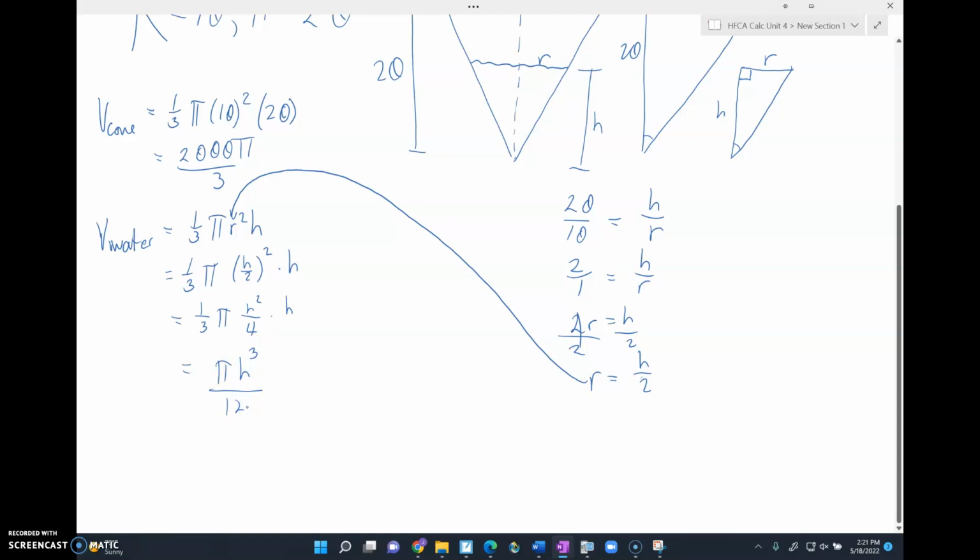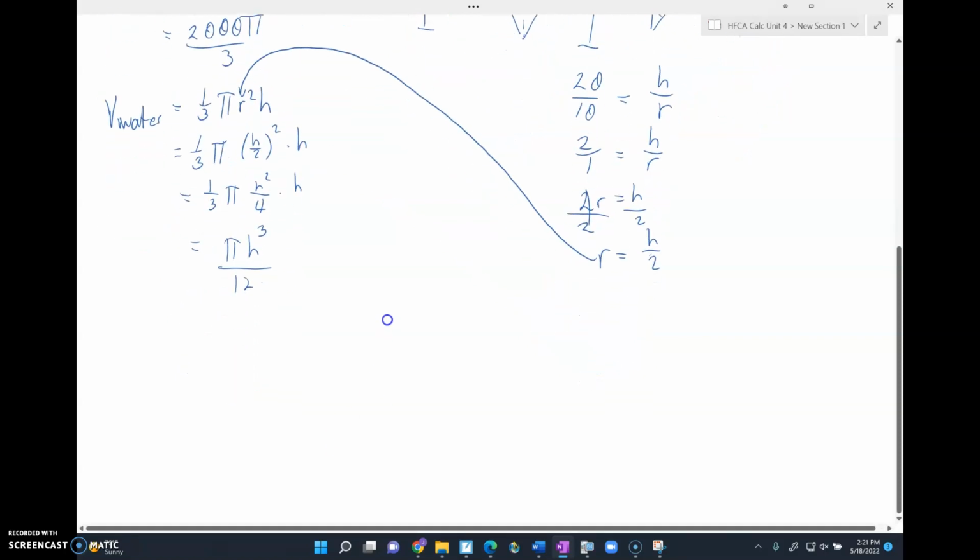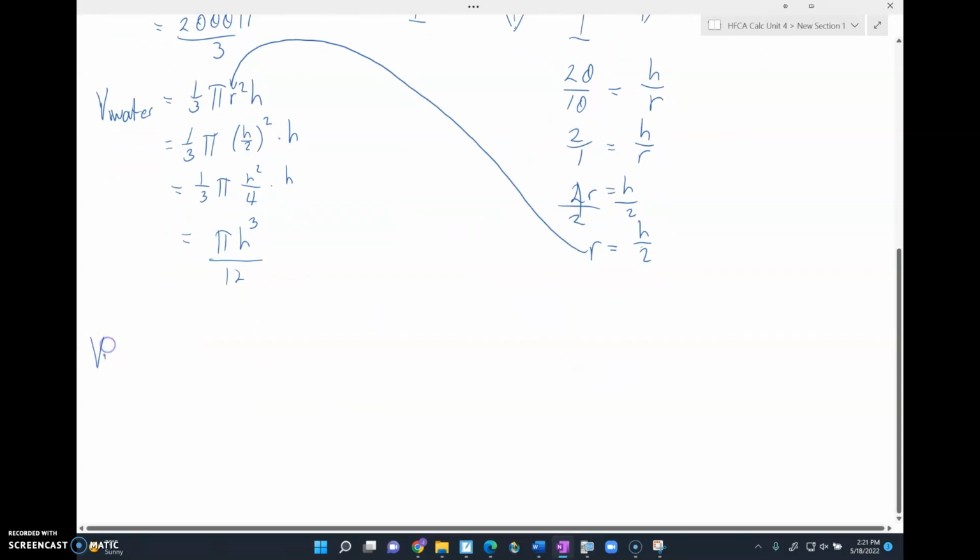Okay. So that's great. Now we have the expression for the volume of the water just in terms of one variable. But keep in mind what we're trying to do. We're trying to compare the height of the water, or the depth of water, to the height of the cone. Like, what percentage of it is being used here? So the other piece of information we haven't used is that the volume of the water is half the capacity of the cone, which means that we can also say that the volume of the water is equal to 1/2 the volume of the cone.